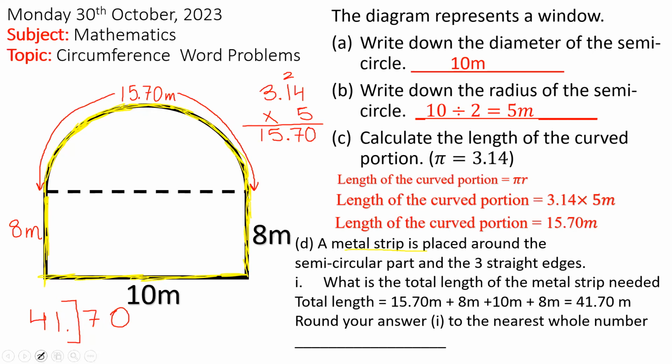Is 7 greater than 5 or less than 5? Greater. So since it's greater than 5, we add what? We add 1. We add 1 to 41, and so the answer is going to be 42. So it's 42 meters.